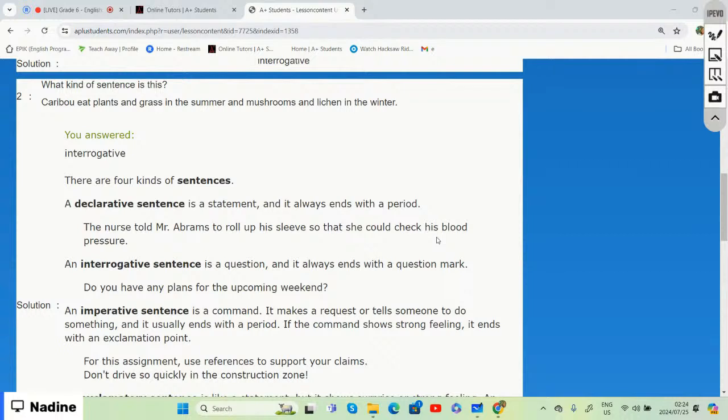So if we look at that sentence, where we say caribou eat plants and grass in the summer and mushrooms and lichen in the winter, what kind of sentence is that? Is that a declarative, an interrogative, an imperative, or an exclamatory sentence?